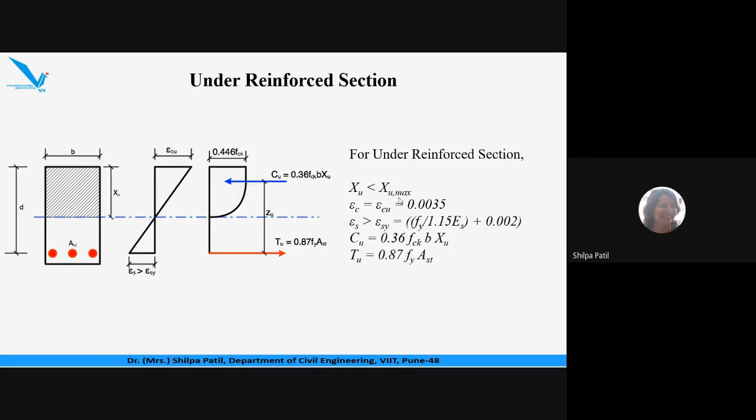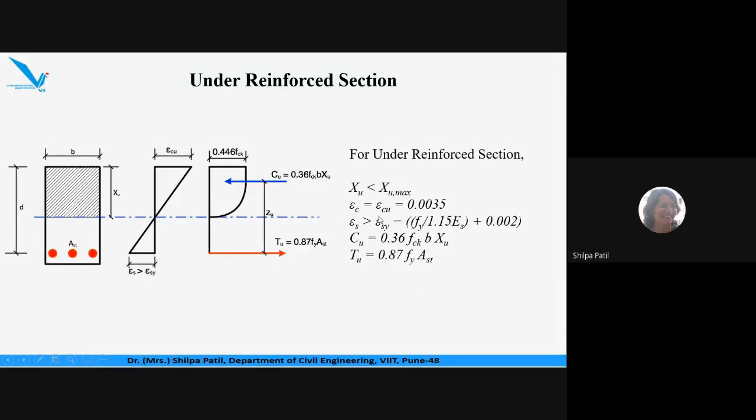So we allow the section to carry further load, and we consider the point of failure only when the concrete reaches its maximum strain value. So here also epsilon c is considered to reach the ultimate value, equal to 0.0035.